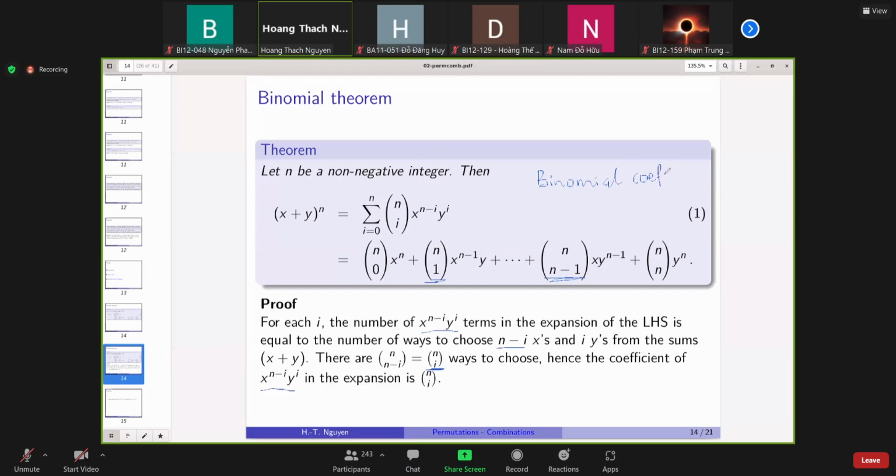So if you see binomial coefficients, you know that it is some n choose k.